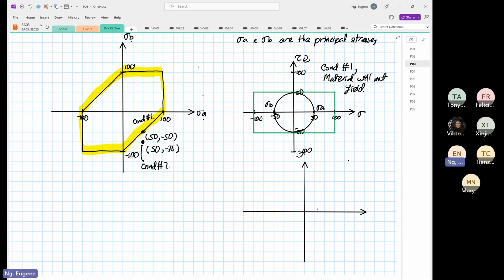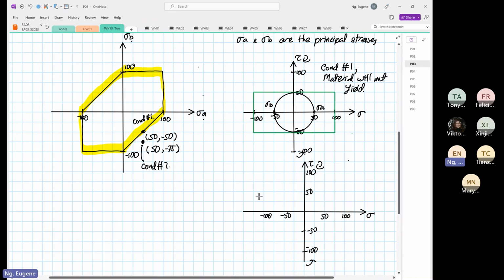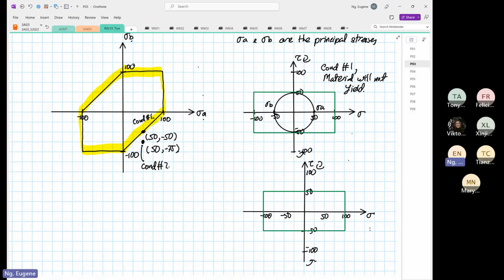So this is 50, 100 normal stress, shearing stress clockwise, anti-clockwise, minus 50, minus 100, 50, 100, minus 50, minus 100. Okay, and then the green box, our boundary bounded by the material properties. So now we have one point at positive 50.